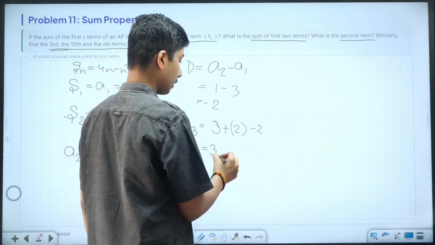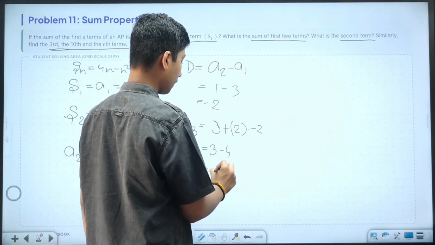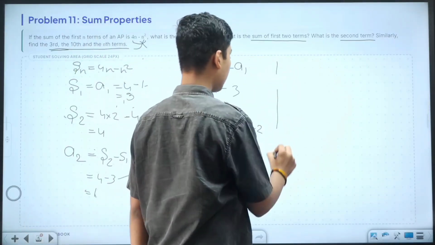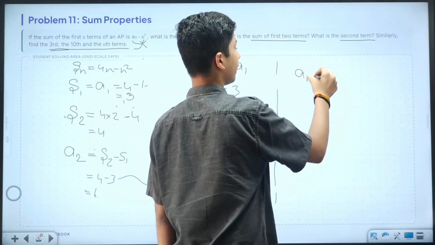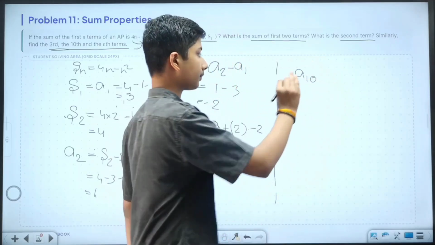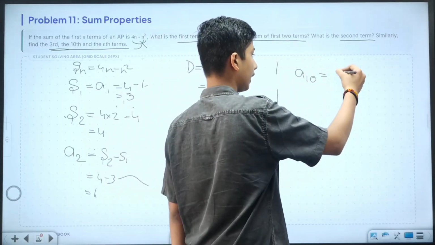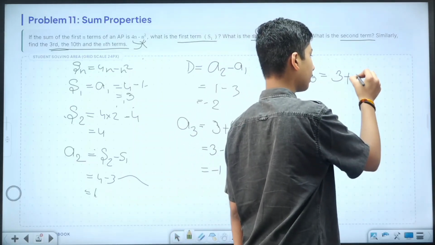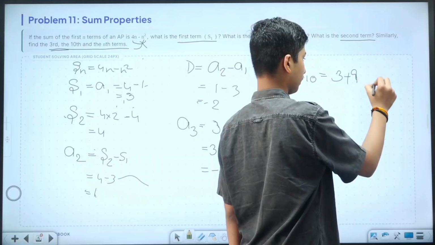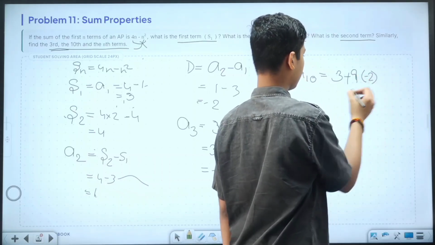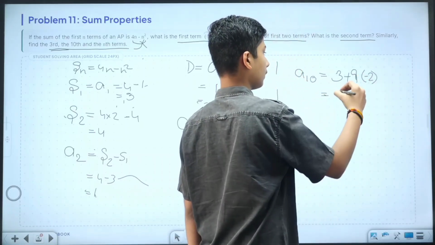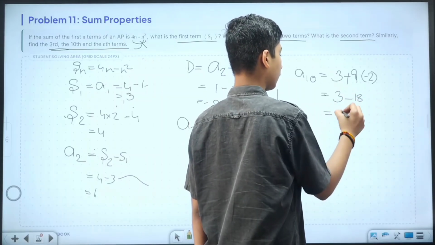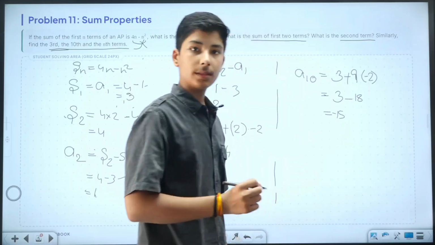So 3 minus 4, which is minus 1. This is A3. Similarly, we can find out A10, the 10th term. This will be A, again 3, plus n minus 1, which means 10 minus 1, 9, into D. D is minus 2. 3 minus 18 is minus 15. This is the 10th term.